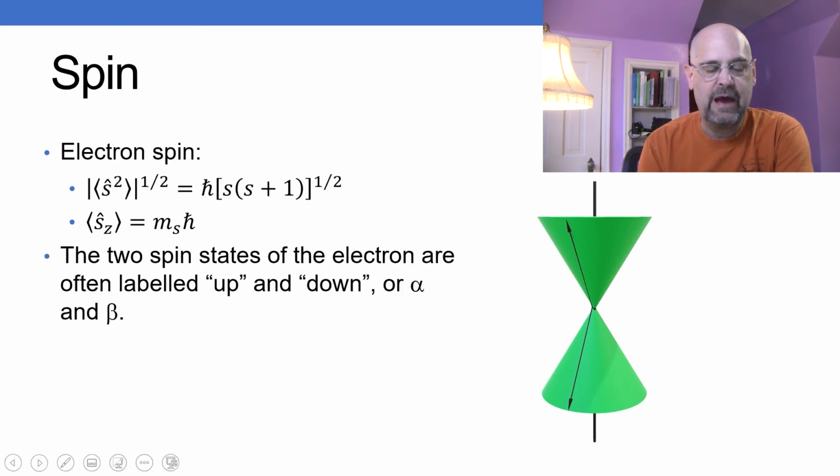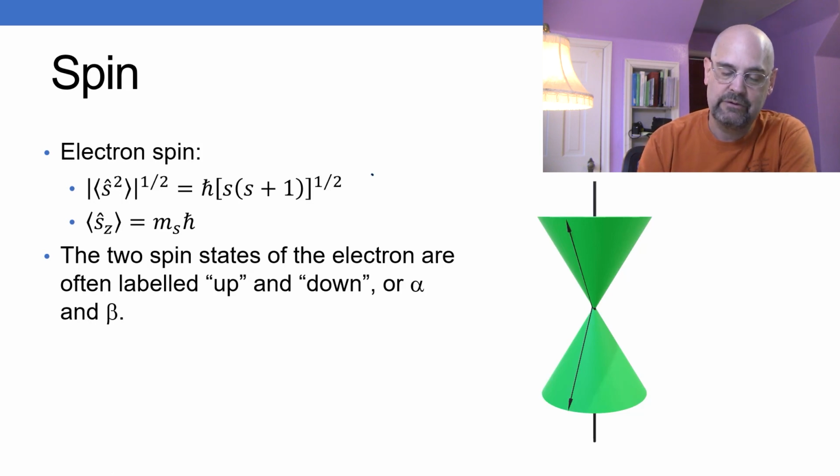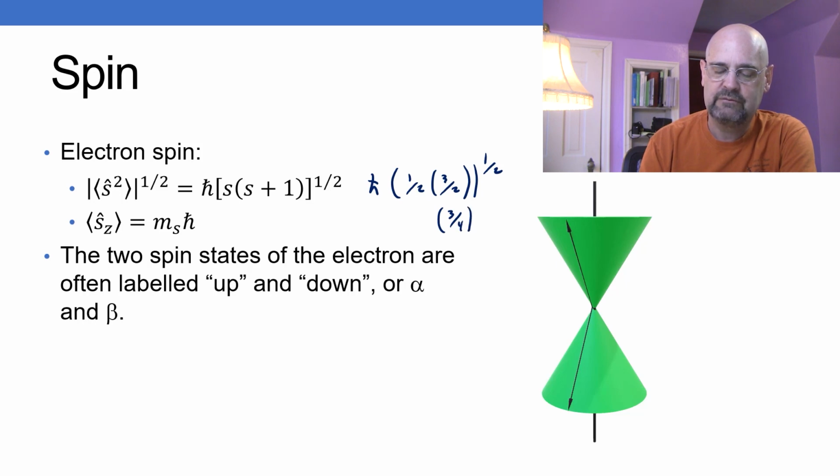So with that, the expectation value of spin squared to the 1/2, just the magnitude, is going to be h bar s(s+1) to the 1/2. In other words, h bar times the square root of 1/2 times 3/2, or square root of 3/4 h bar.